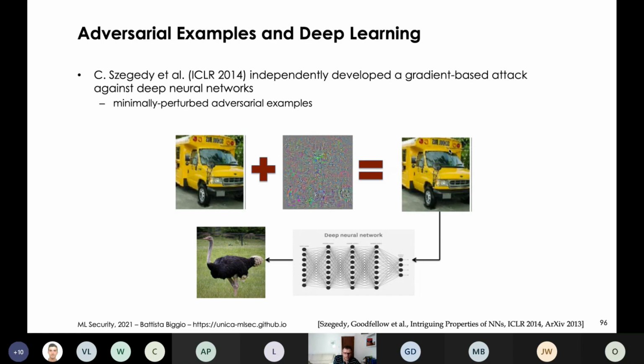So by following a different path, they also discovered that using gradients to craft this perturbation enables easy misclassifications for these networks.